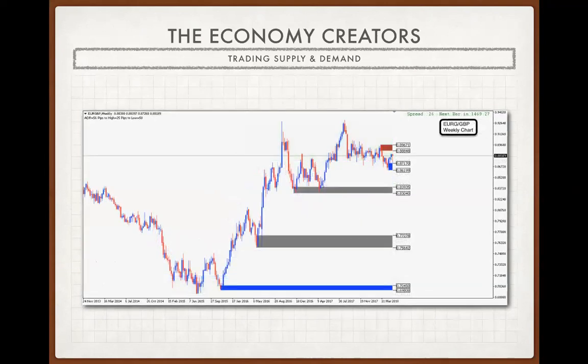All right, here you have the euro pound on the weekly. Here you have an example of where you see some retested demand zones, which would pretty much tell you that when price continues to fall from that supply zone that was created, it's going to blow through that small demand zone that has been semi-retested with that wick you see on the last candle printed.